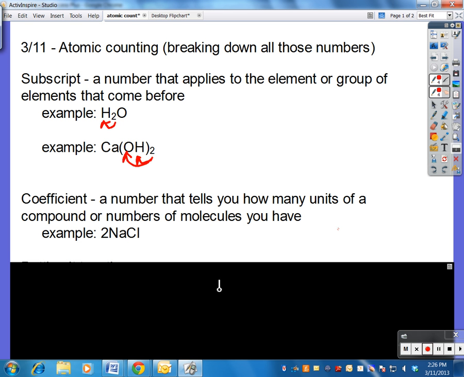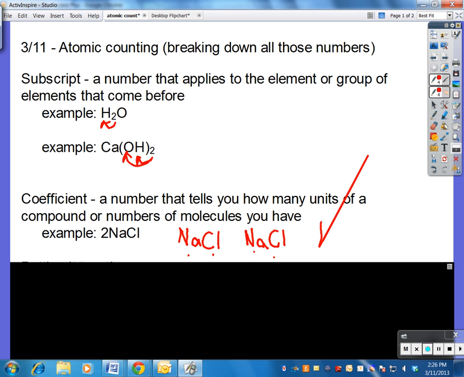So when I do this, I like to think of it as I have NaCl, and I have another NaCl. And so total I have 2 Na's here and here, and 2 Cl's here and here.